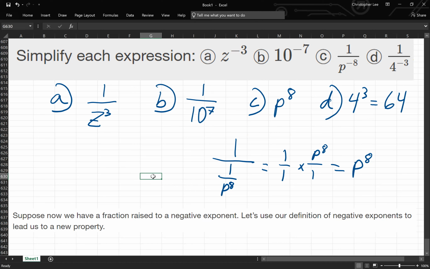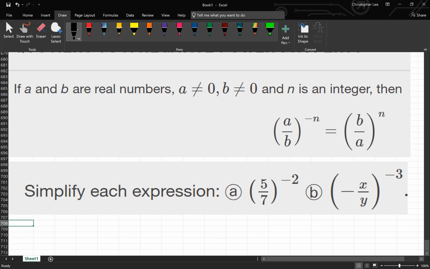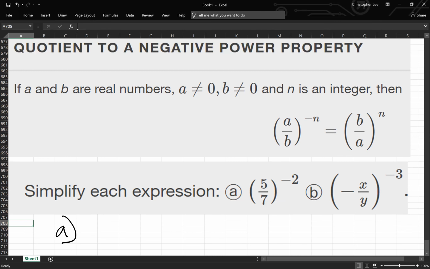Let's try it out real quick. All right, walk me through A. So it's (7 over 5) to the 2nd power.